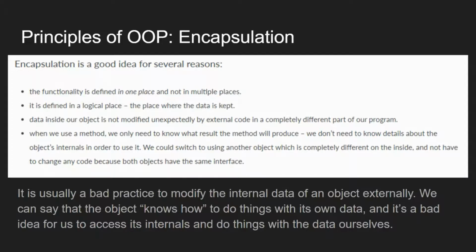But if they only use methods that you've defined to interact with your data, then they can't do anything unexpected. It is usually a bad practice to modify the internal data of an object externally. We can say that the object knows how to do things with its own data, and it's a bad idea for us to access its internals and do things with the data ourselves.